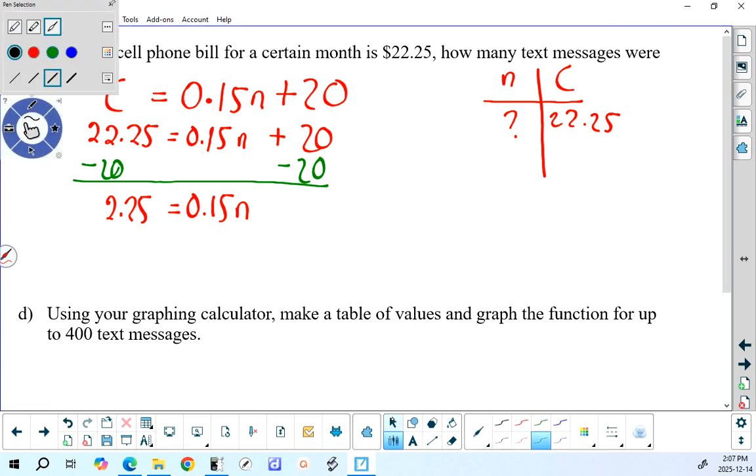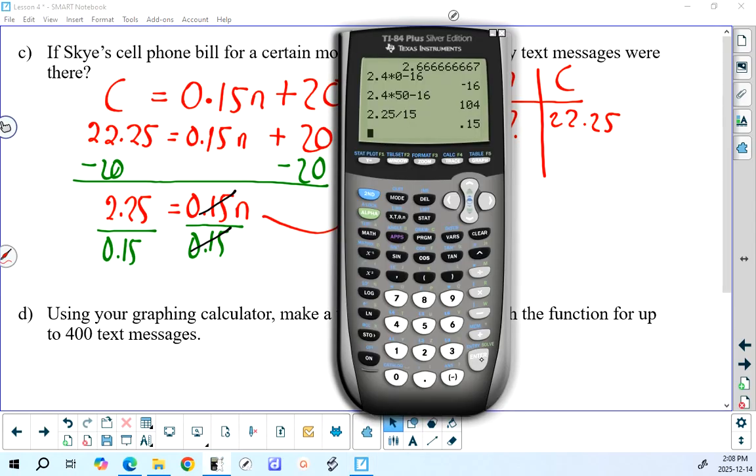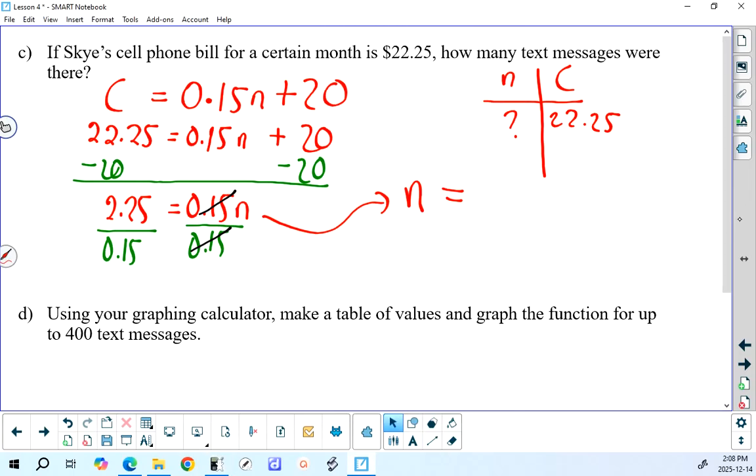Then we can divide both sides by 0.15. Of course, what's going to happen is we get that canceling, and we are left with n is equal to 2.25 divided by 0.15 gives me 15. So the answer is 15 text messages.